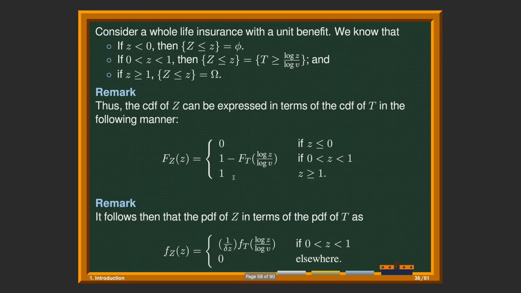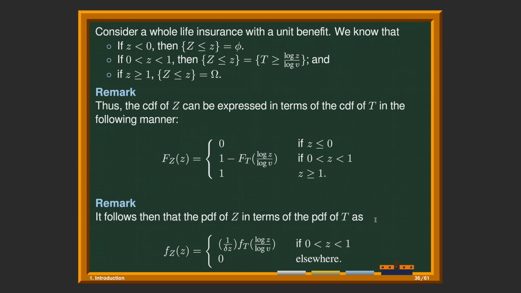And so, the corresponding PDF, we just have to get the derivative, no? So the corresponding PDF of Z for a whole life insurance with a unit benefit takes this form. It's 1 over delta z times the PDF of the random variable T evaluated at log of z over log of v, where z is from 0 to 1 and of course will be 0 elsewhere.